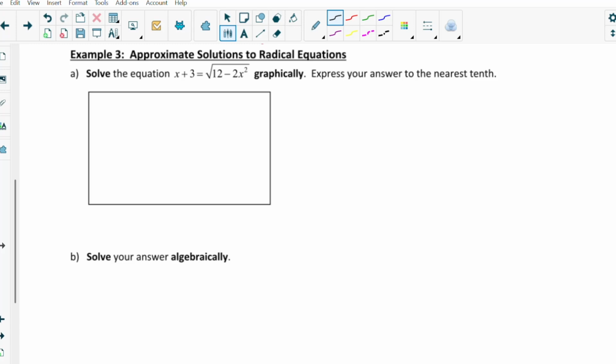Express your answer to the nearest tenth. Okay, so when I graph this, there we go.